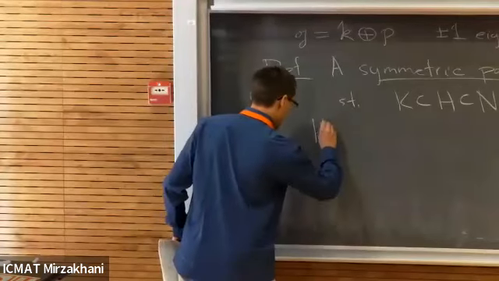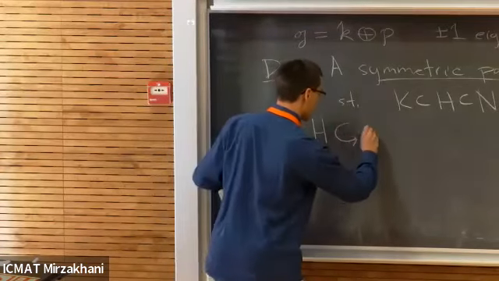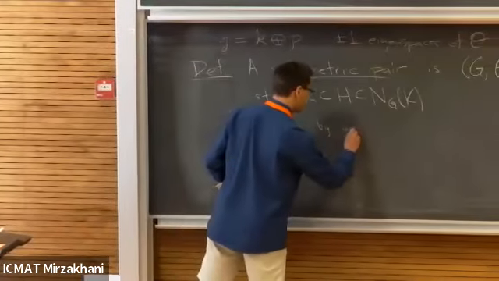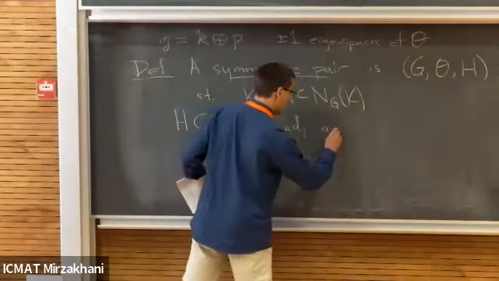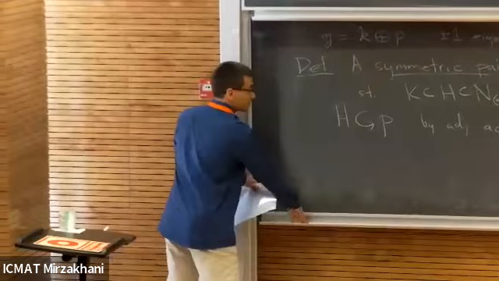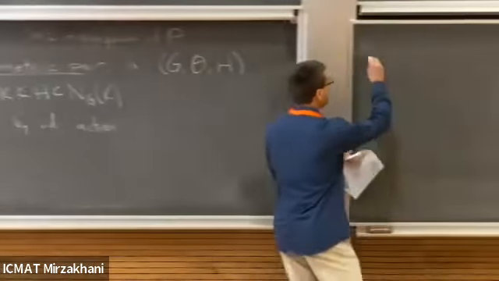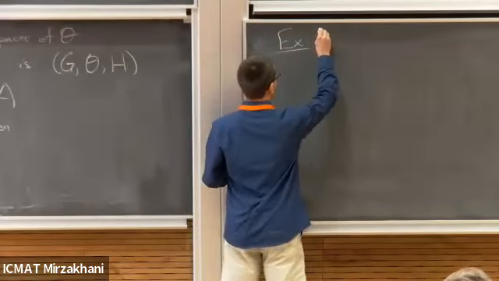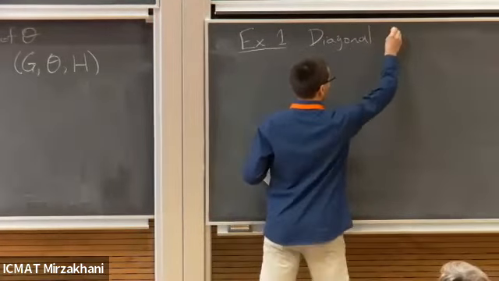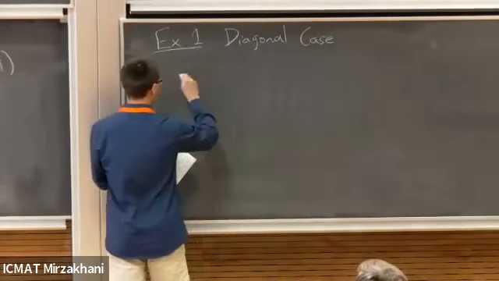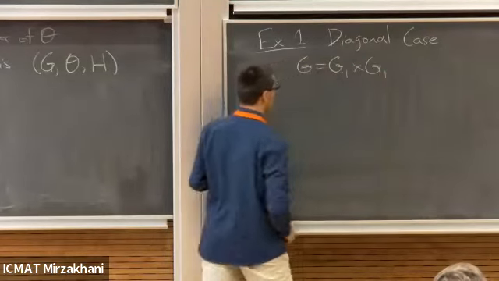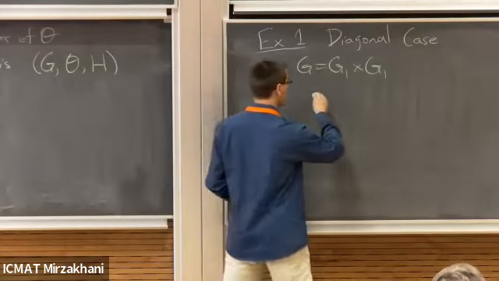Okay, and one observation is that H acts on this frac P by the adjoint action. So let me give a few examples of these sorts of things. Maybe example 1, I'll refer to this as the diagonal case. This is the case of G being a product of 2 copies of a reductive group G1.